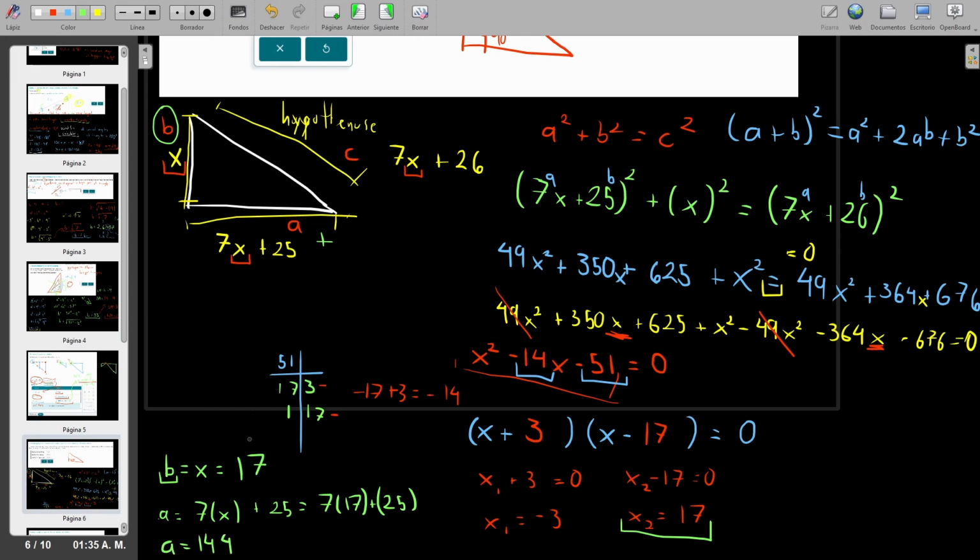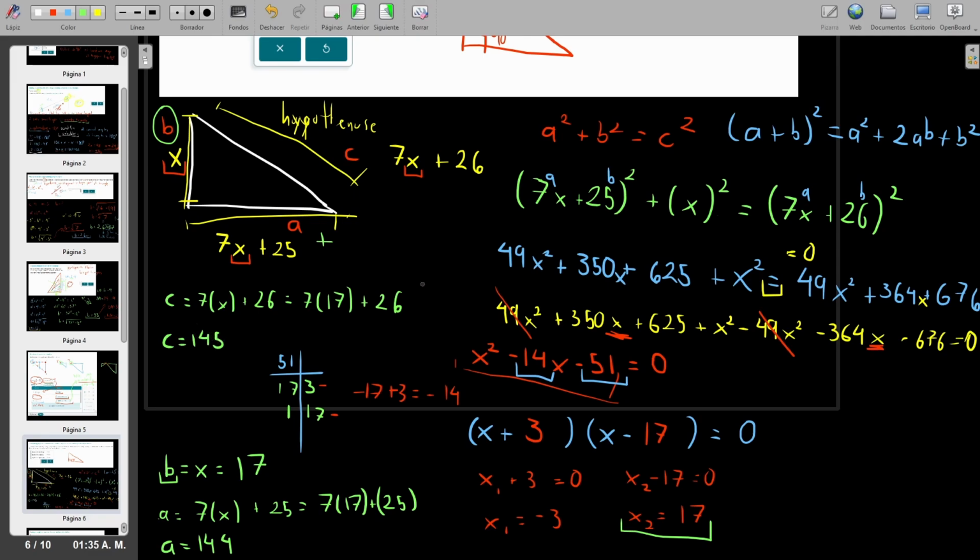Now we need to find the value of C. I'm going to be writing right here. C is 7 times x plus 26, which is 7 times 17, and that plus 26. That value is going to be 145. Okay?